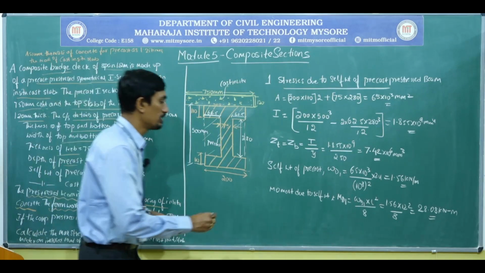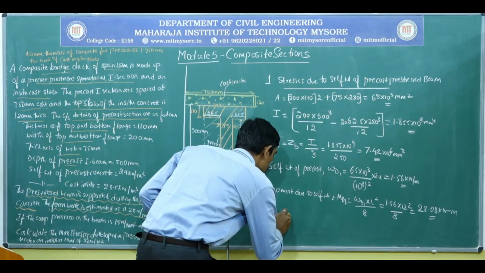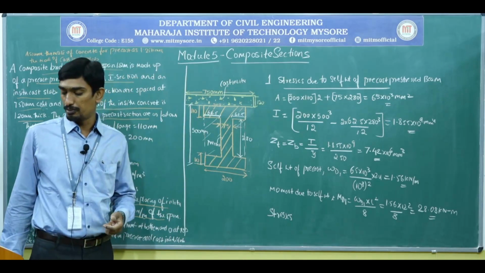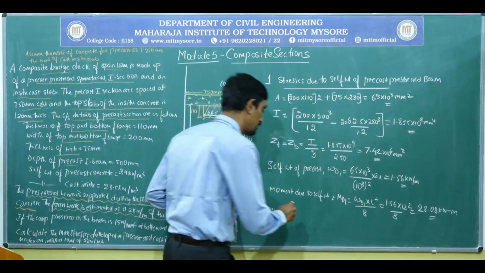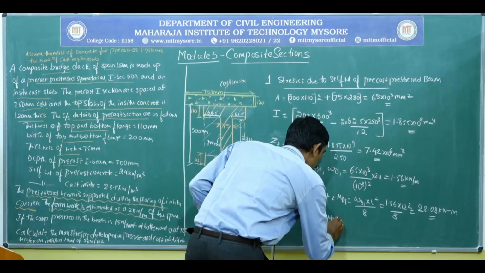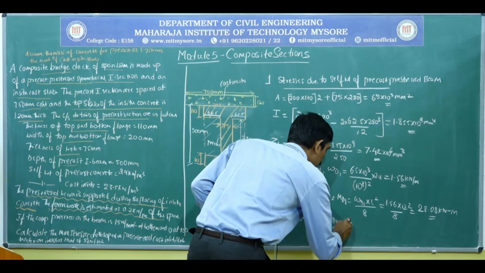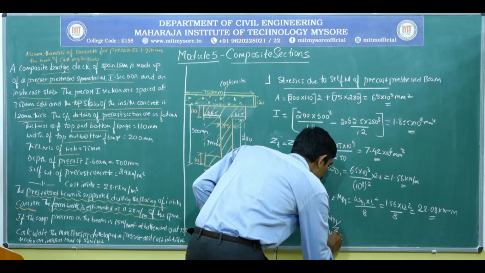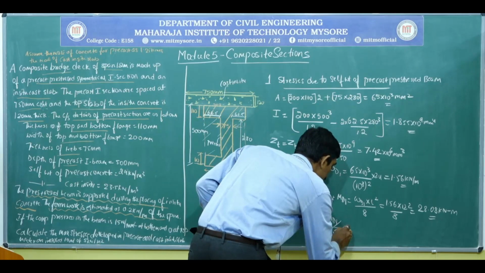Okay, next, stresses due to self weight of precast. For this, at top, it is equal to MD1 by ZT, at bottom, which is also the same, MD1 by ZB.